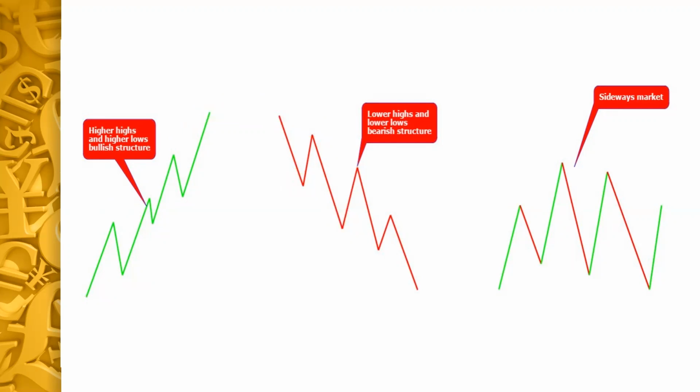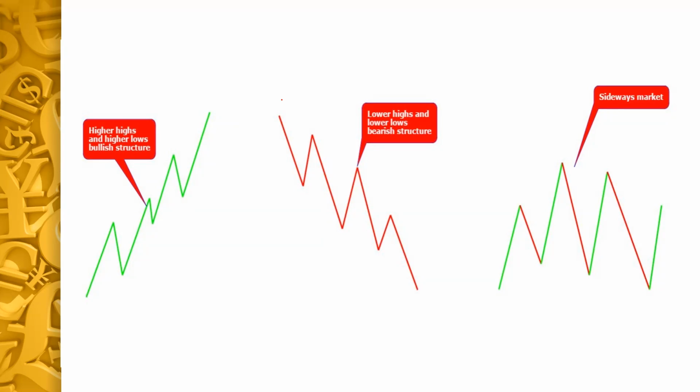Of course, we can enter that trade somewhere in this area if we get the right price action we are looking at. But we can't say at this level that this market is trending to the downside yet. But when it goes and breaks this low here, then we can start talking about a trending market.